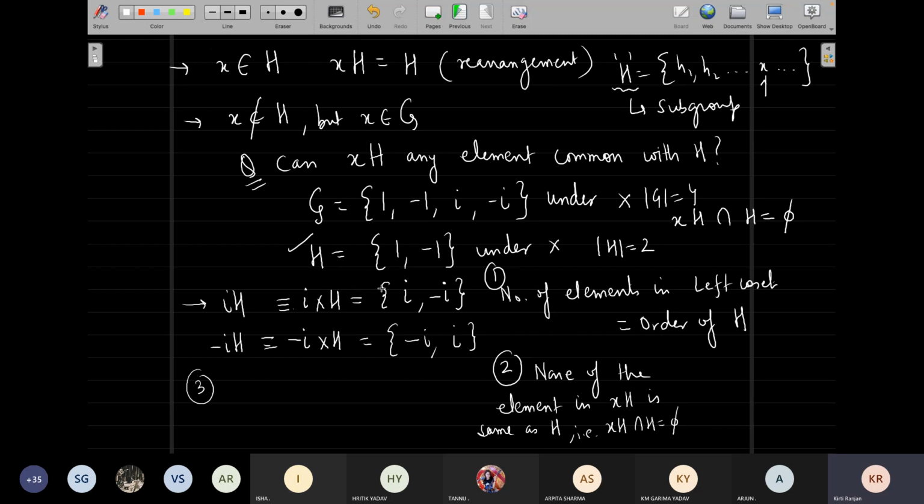There is no identity. Identity was already there in H. And now that you are making this set, you considered only those elements i, minus i which belong to G, but none of them belong to H. Because if you consider those elements which belong to H, then you would have got, of course, only H, right? So then there is no point in going for the left coset, etc.